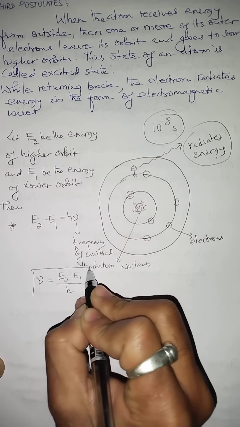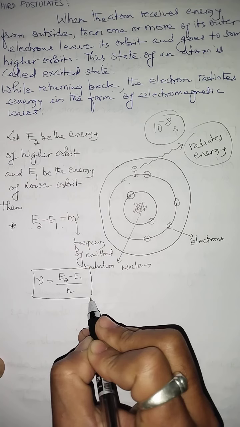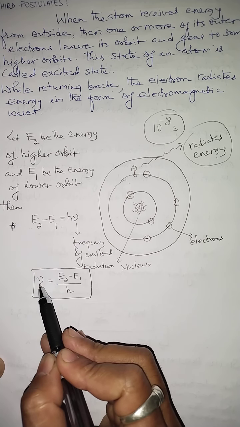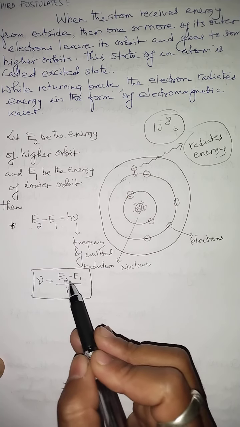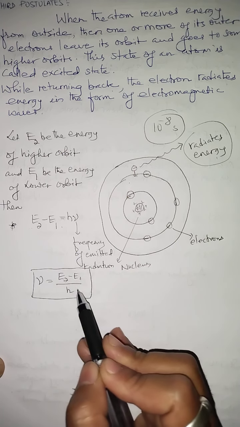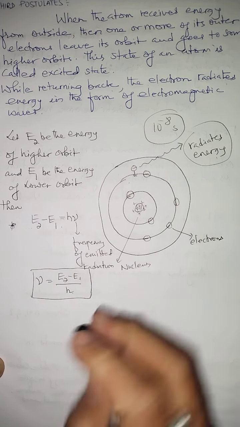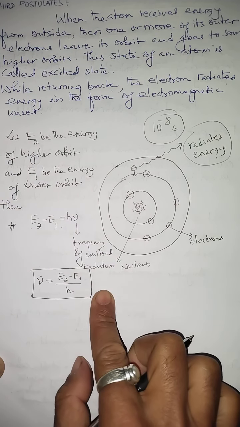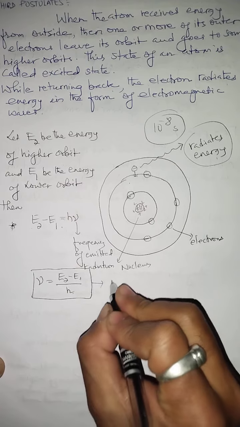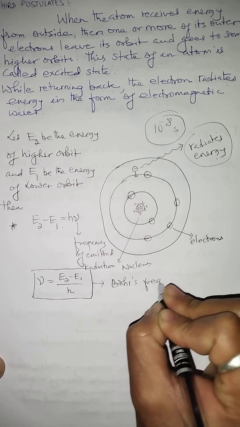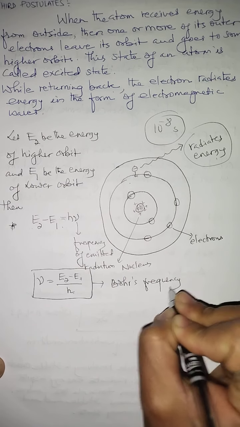Look at the relation that we got from the third postulate: nu, the frequency of emitted radiation, is equal to the energy difference of the two orbits divided by a constant. This constant is called Planck's constant, and this relation measures the frequency of emitted radiation. This condition is called Bohr's frequency condition.